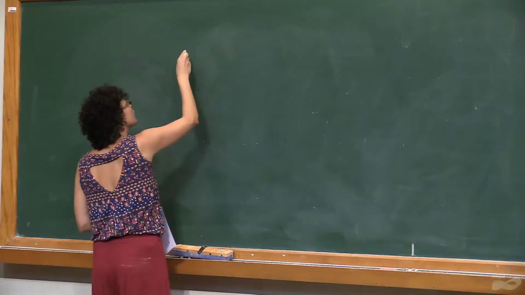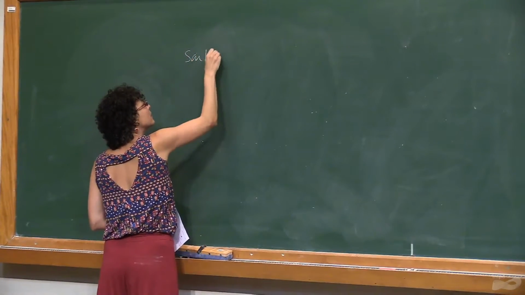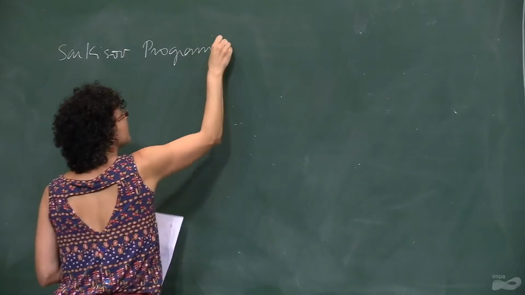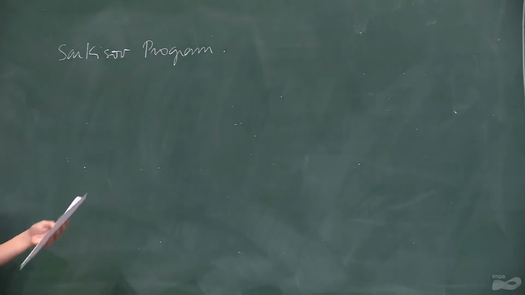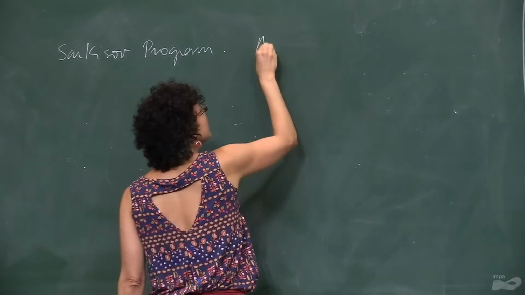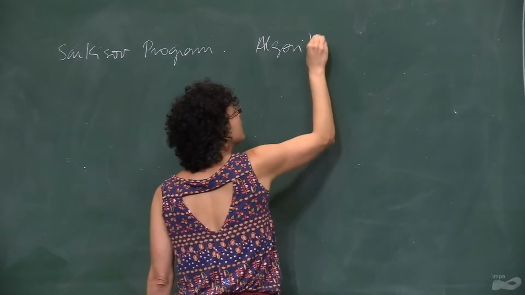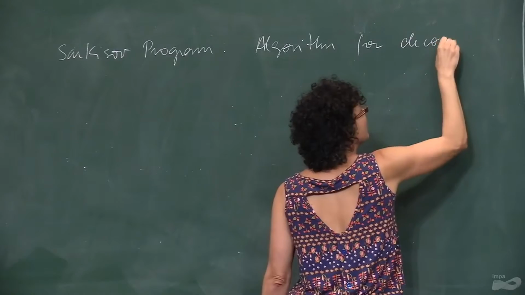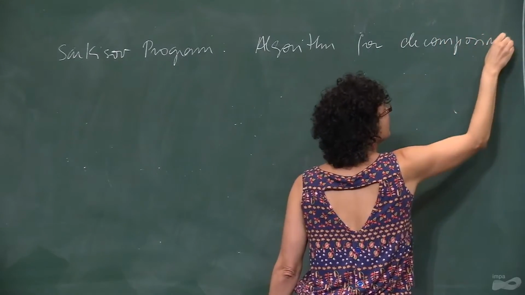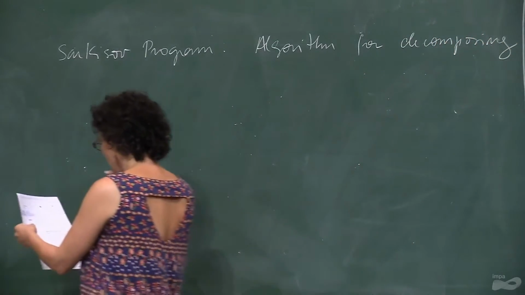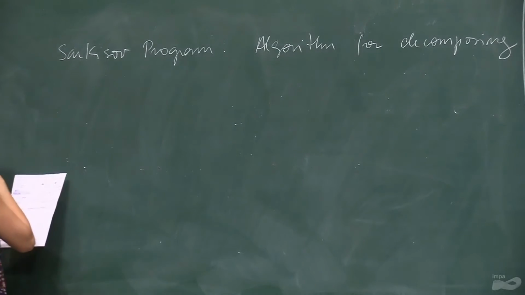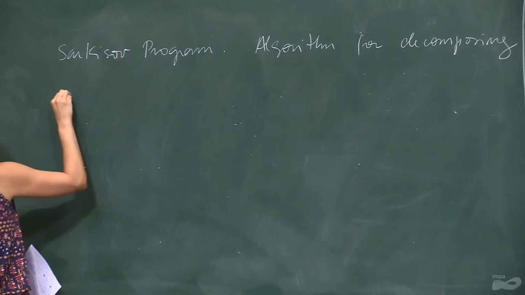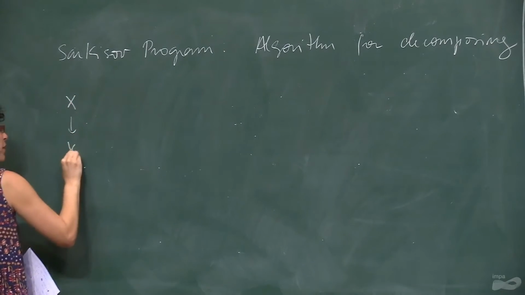A Sarkisov program is an algorithm for decomposing, let's say, a birational map between two different Mori fiber spaces.